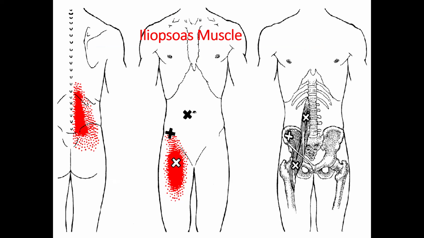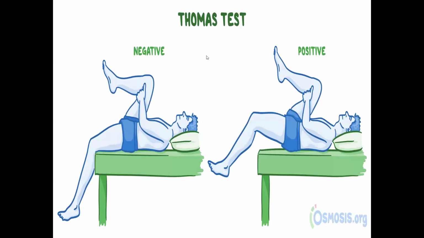And most of the failed injections, guys, are related to under-recognizing these muscle syndromes. Okay, how do you identify psoas spasm? By a test called the Thomas test. As you see, when you flex your normal leg, the other leg stays relaxed. But if you have a contracture in the psoas, this leg will be elevated.